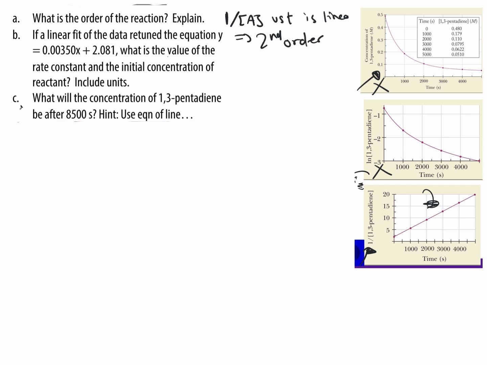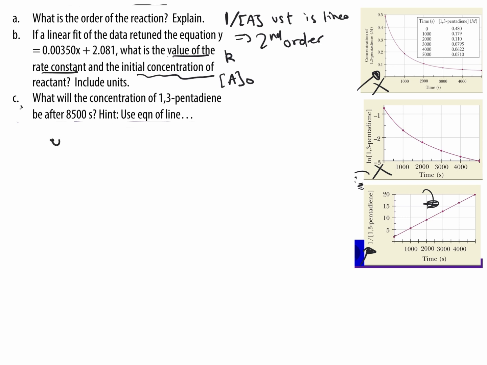Okay, so the value of the rate constant, remember the rate constant is k, and the initial concentration of the reactant. That's going to be, again, in our notation, A naught. Those are the things we're trying to find. We can find that by looking at that linear equation and comparing it to the best fit line.